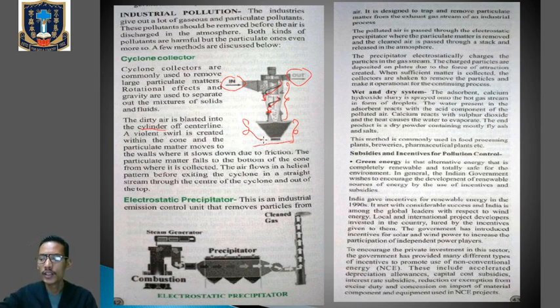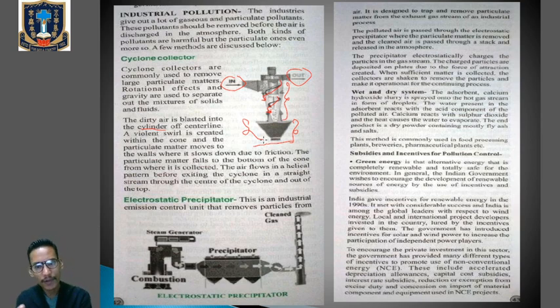Within the cylinder of the cyclone collector, a vortex will be created, air with high velocity will start moving, and at the same time when the air moves, the larger particulate matter present in the air will also start moving through the wall of the cylinder.